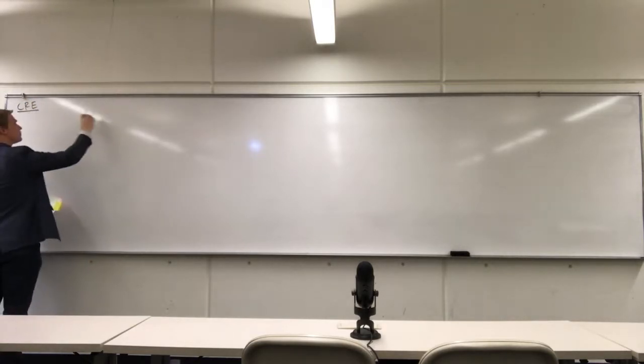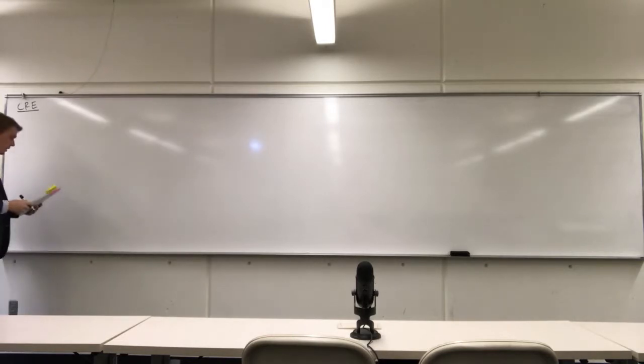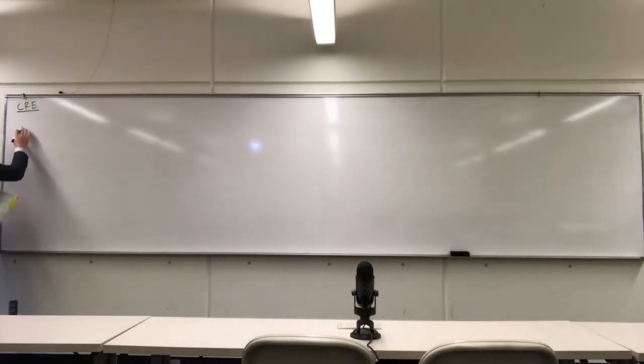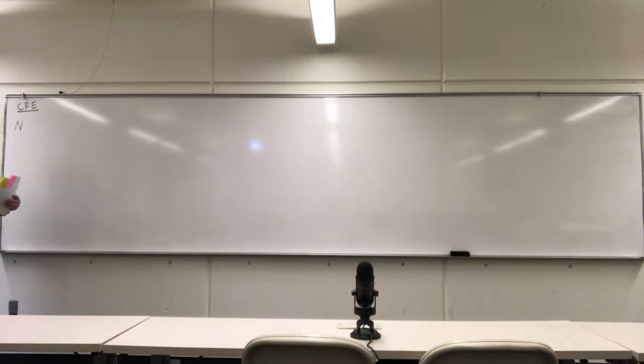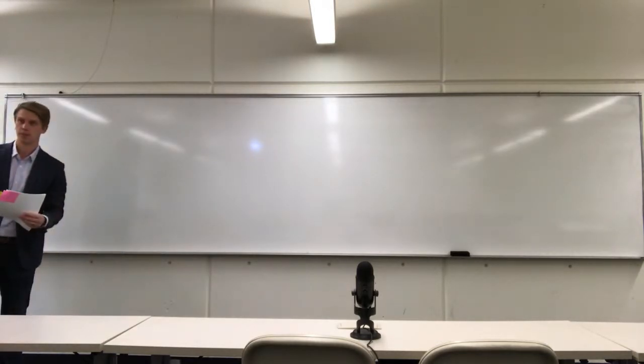Okay, so let's continue on with chemical reaction equilibrium. So what we first talked about, and basically the general overview, was chemical reaction notation, which is what we started on earlier in the week. So I'll just review that very quickly.